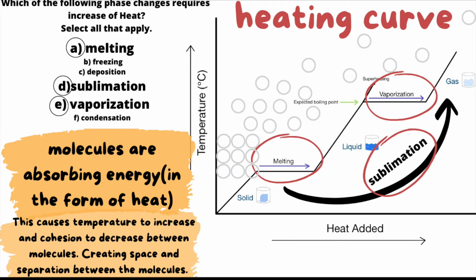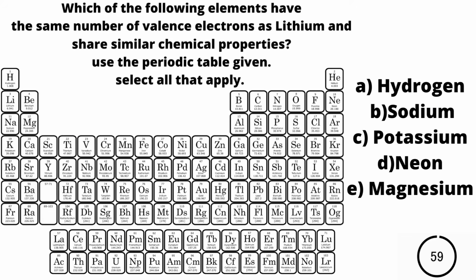Question number 5. Which of the following elements have the same number of valence electrons as lithium and share similar chemical properties? Use the periodic table given and select all that apply.